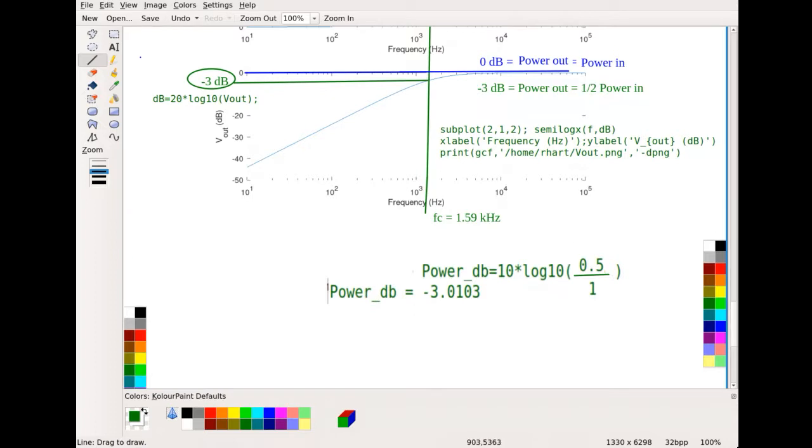So if power out is 1/2, this is power out, okay? And so if power out is half of power in, then you get minus 3 decibels, okay? So that just comes from evaluating this power equation that I gave you earlier. So half power means minus 3 dB when you're plotting in decibels.